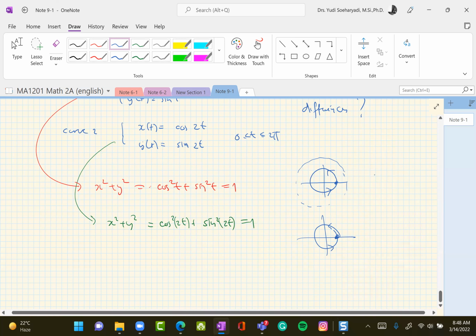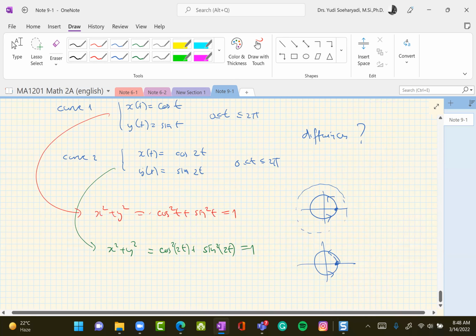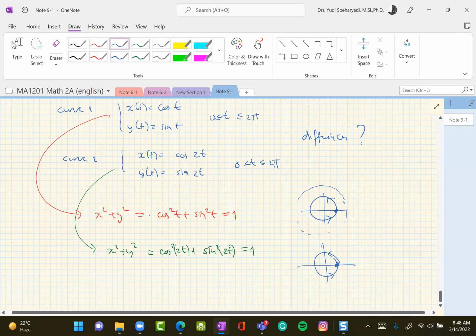What's your position according to curve 1?